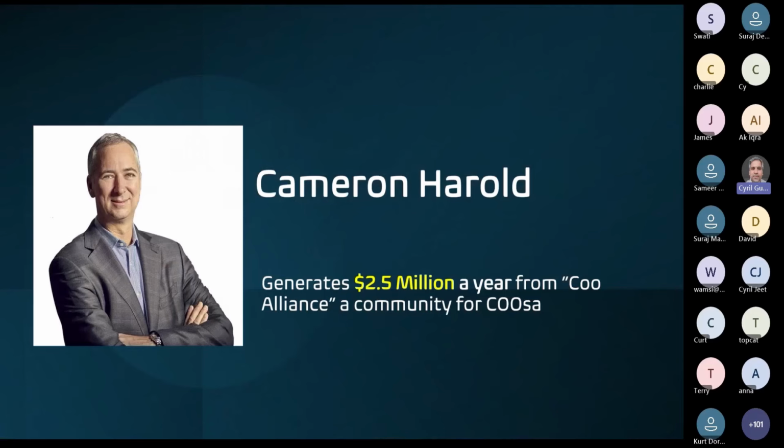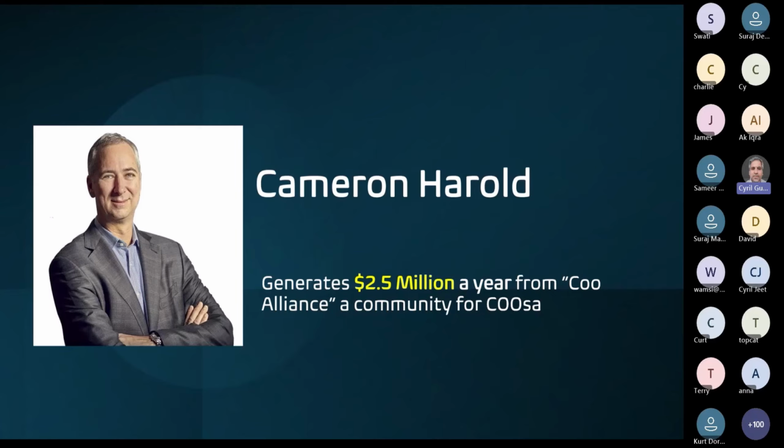So we have Cameron Herold, and he created a community for COOs, chief operating officers, of course, the CXO level. So I'm sure he's minting a lot of money from the people because they have very good paying power, and it's a business community.